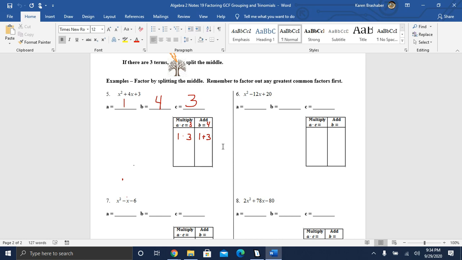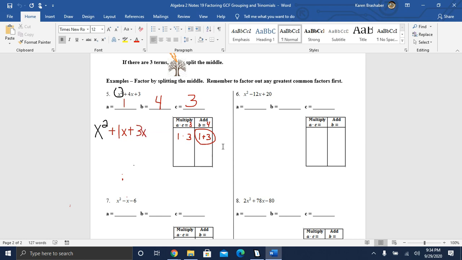So what we're going to do is we're going to take our original problem, x squared, but the middle term we're going to split. And this is where it gets its name. We're going to use these numbers with your x variable. So plus 1x plus 3x.